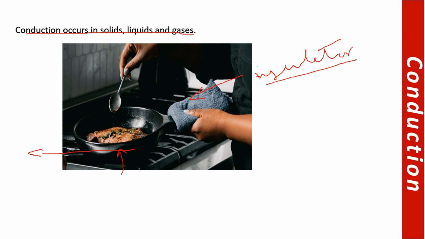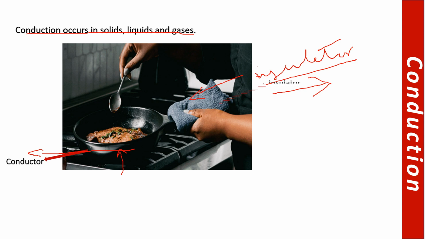Now what is the purpose of an insulator? Insulators are used because here the molecules or atoms do not gain or transmit energy efficiently, right? So if the pan is made of steel or any conducting material, it will conduct heat, and if you use the woolen cloth, it is an insulator.